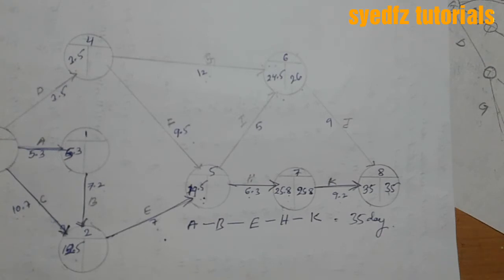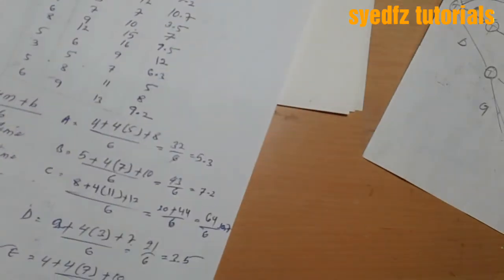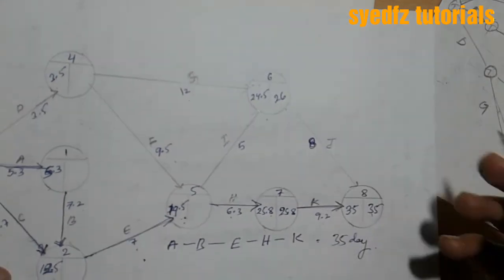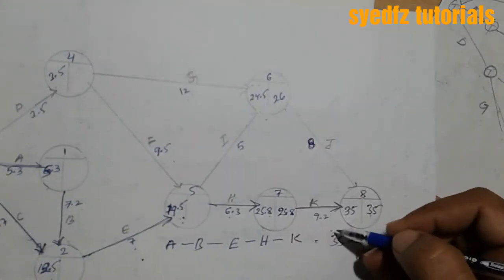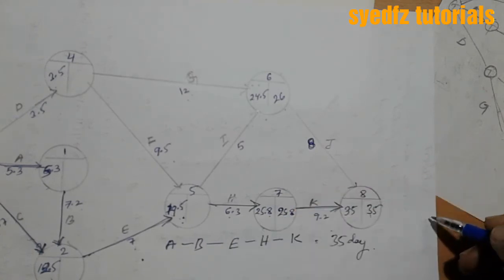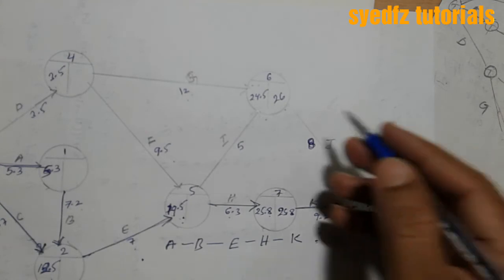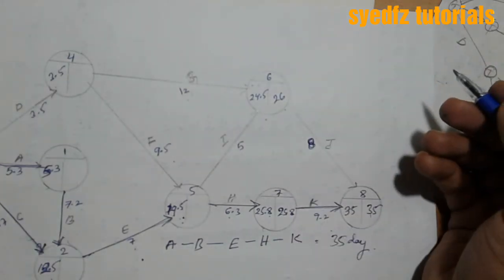For J, it's 8, not 9. Okay, but it doesn't affect because we have taken 9.2 as the highest at the time of start. Now we are reversing. 35 minus 8 is how much? 27.